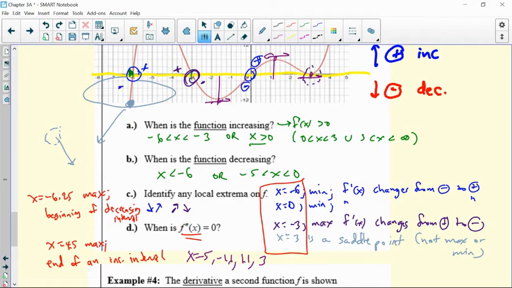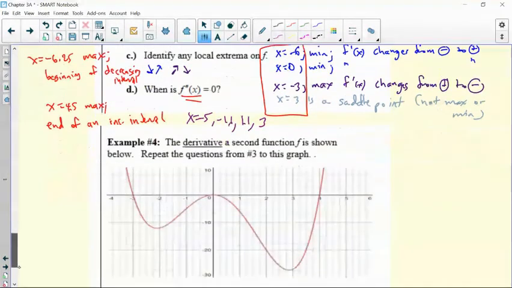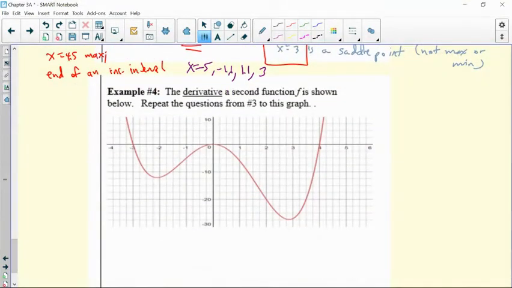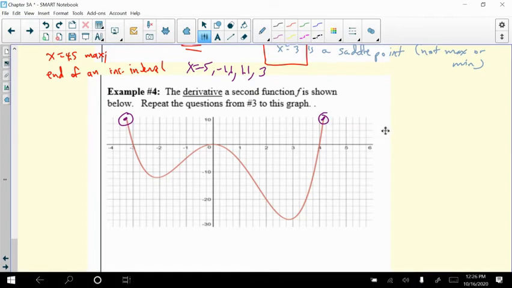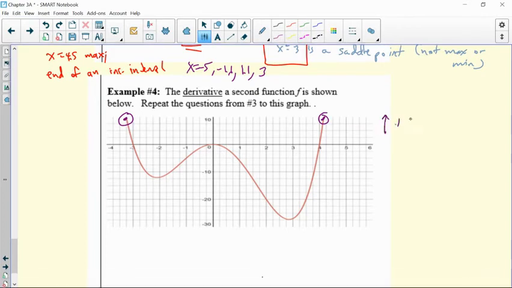Okay, but now we want to do the exact same set of questions here. And the ones that I'm really going to focus on are the relative mins and maxes. So let's start here. Let's say that that's a definite endpoint, and this is a definite endpoint. So this right here is a max or a min? Well, it begins an increasing interval because everything that's above here has a positive derivative value, and everything below here has a negative derivative value.